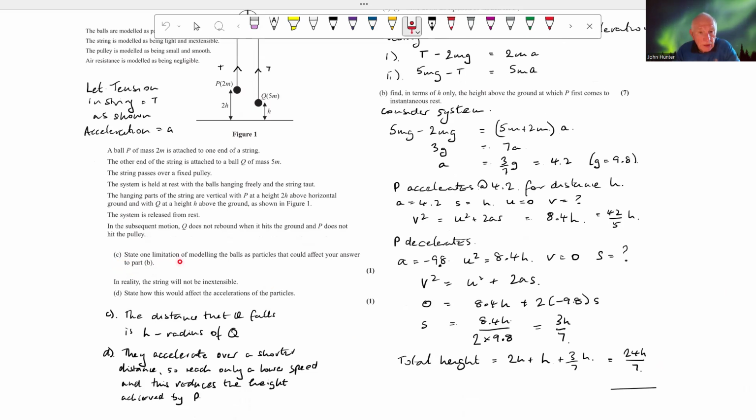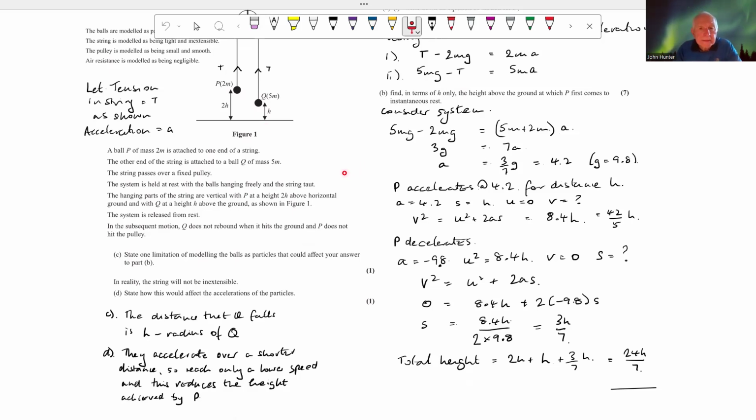State one limitation of modeling the balls as particles that could affect your answer to part B. Well, this is a fairly standard kind of question, and perhaps the clue really comes from this. It's got the height of the center of the ball here, as h. So in actual fact, when Q hits the ground, it's actually travelled h minus its own radius.